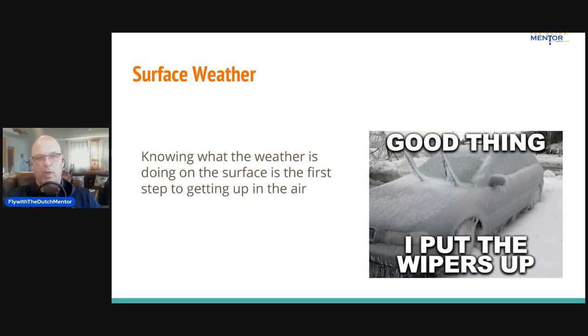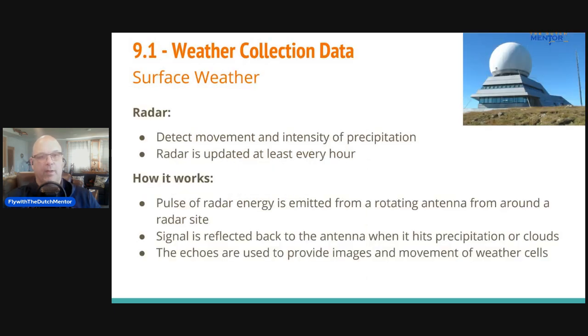So knowing what the weather is doing on the surface is the first step to getting up in the air. Right? Just because it looks really good here doesn't mean it looks good at the airport. It certainly doesn't mean it looks good at the airport where you're going. Right? A lot of factors come into play that we have to be very sensitive and very mindful about.